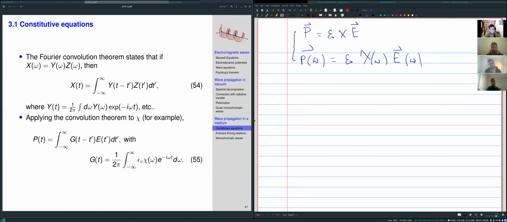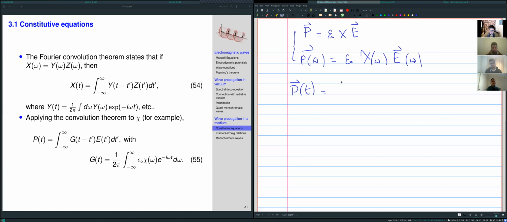So we apply the convolution theorem, and we learn what I've written here in equation 55, which is basically that P of t, which would be the inverse Fourier transform of the spectrum, is the convolution of the inverse Fourier transforms of both of these quantities.